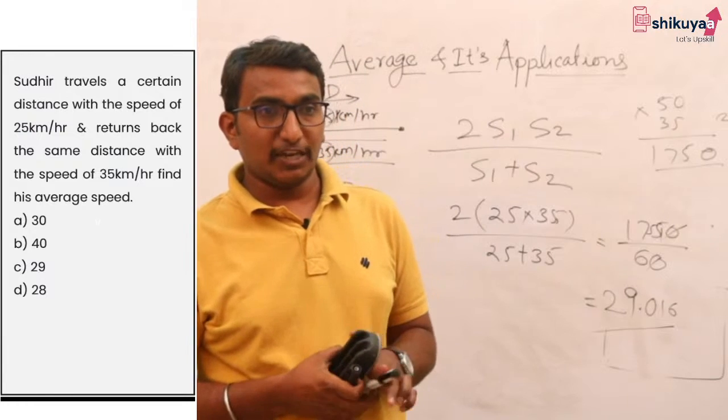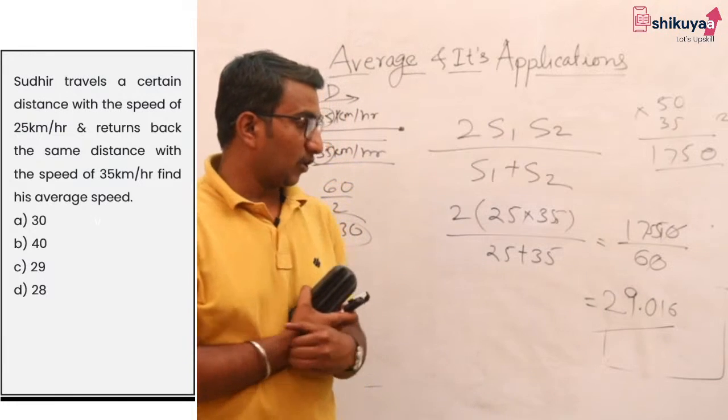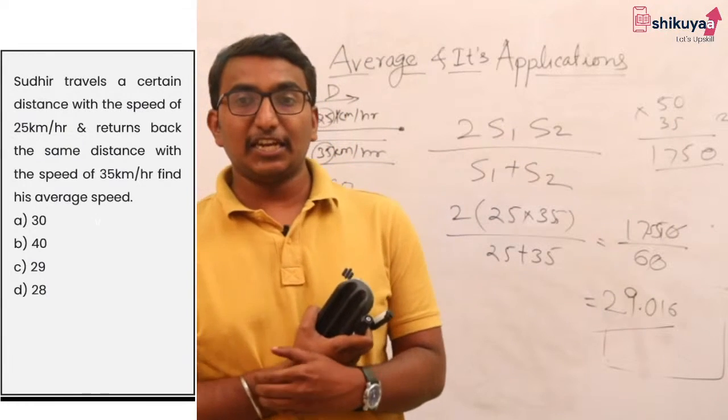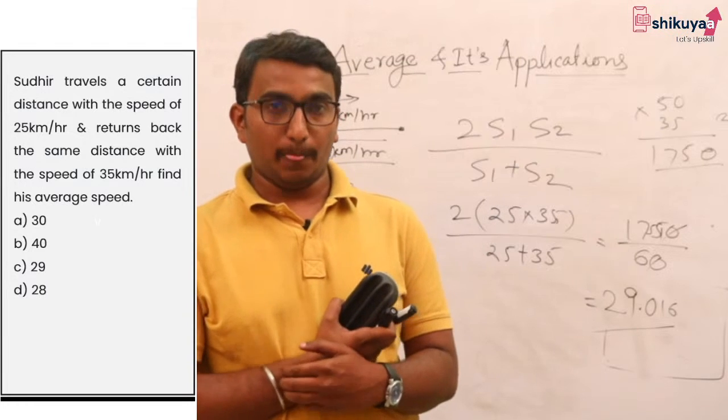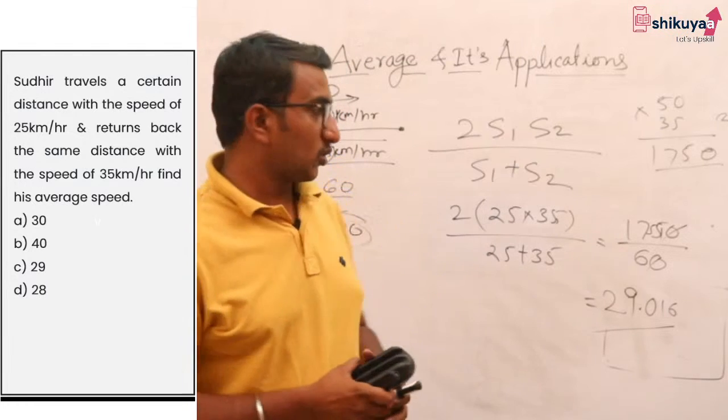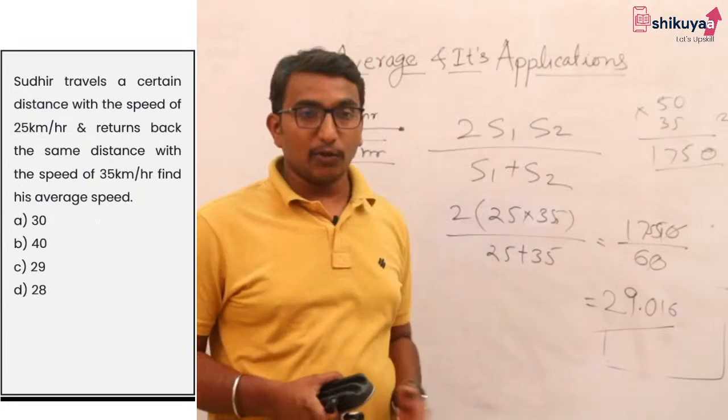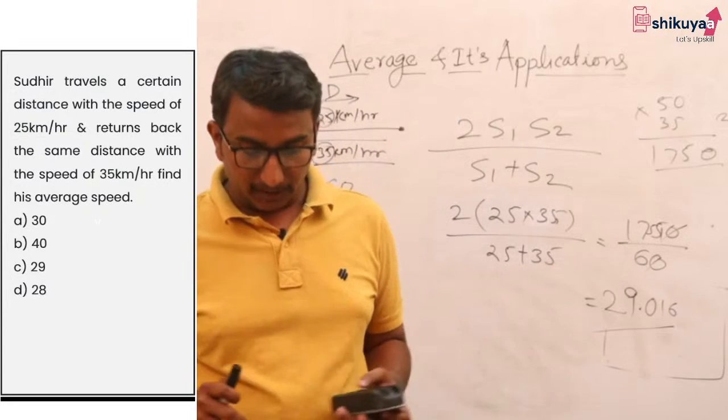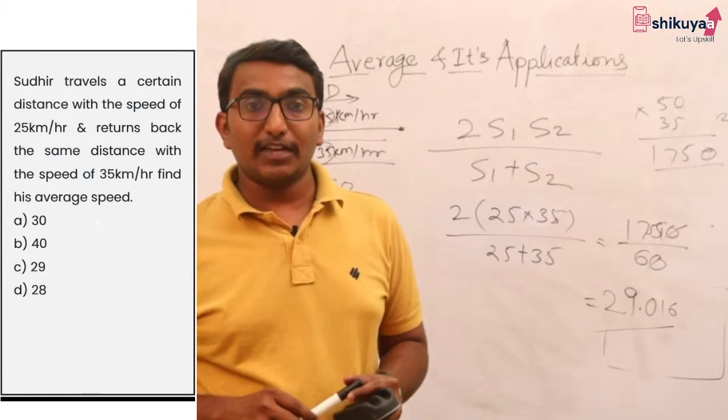In the options it has been given as 29, so your answer is option C, which is equal to 29. I hope you all have understood. With this method you can calculate the average speed whenever the distance traveled is the same.